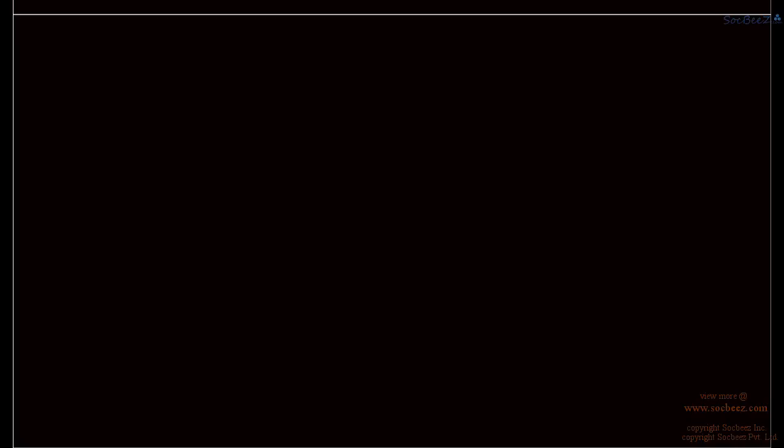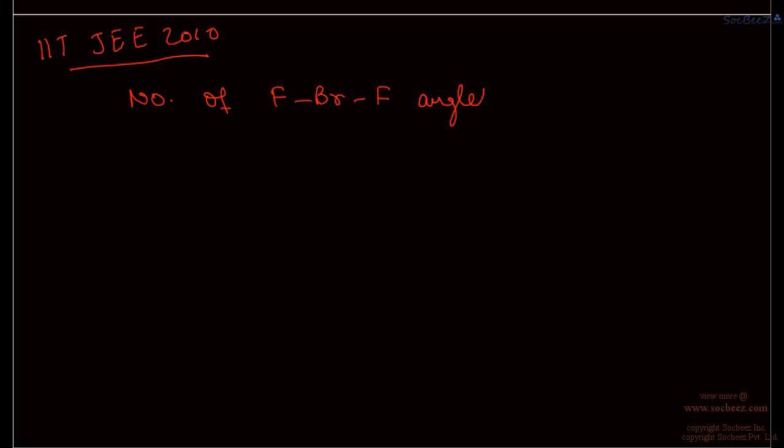It was asked in IIT JEE 2010: the number of F-Br-F angles in BrF5 whose value is 90 degrees. We are asked to find this number.